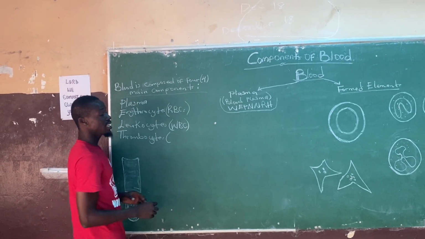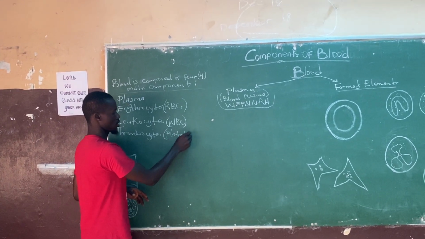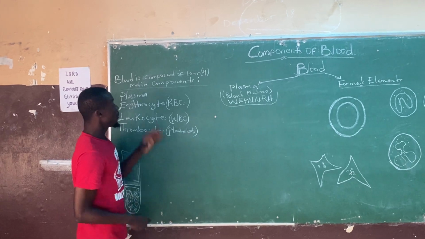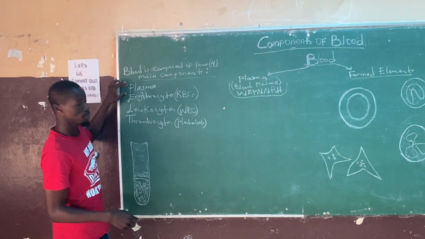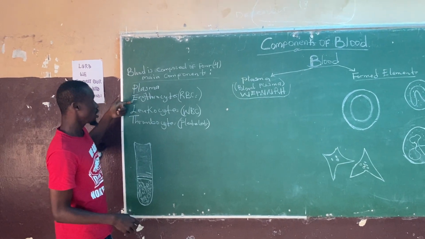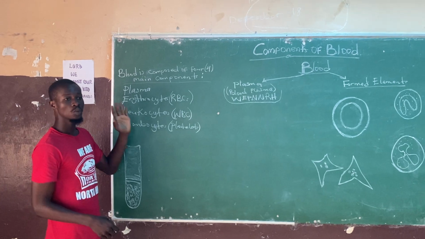The thrombocyte is what we refer to as the platelets. Basically, of these four components of the blood, this one is the fluid portion of the blood, and this one is a cell, this one is a cell, and this one is a cell. And each one has its own function.